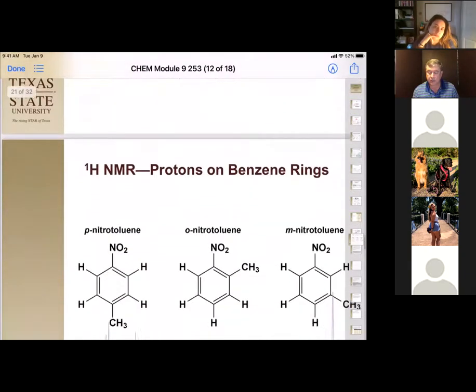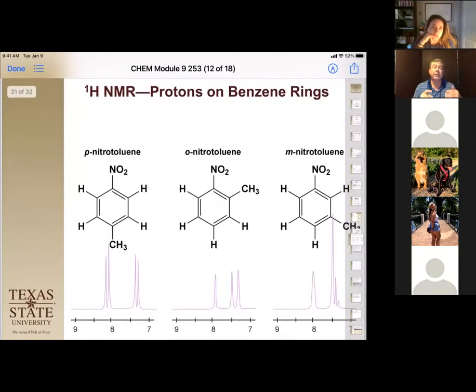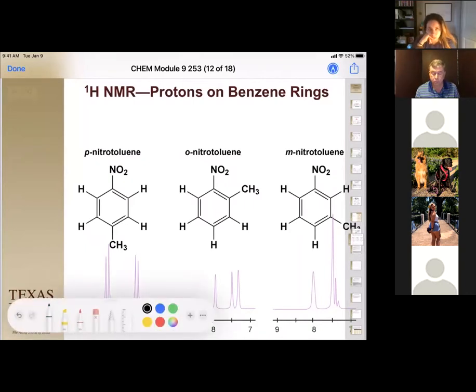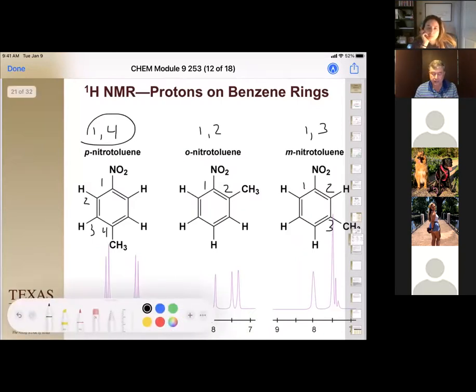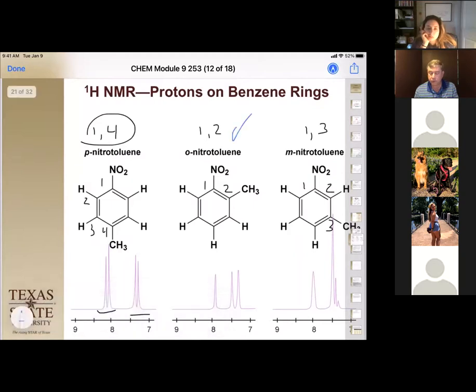Okay, so that was the classical pattern for substitution in the 1,4 positions. I'll relabel this here: 1, 2, 3, 4. This is 1, 2, and this is 1, 2, 3. So this is the 1,4 isomer, this is the 1,2 isomer, and this is the 1,3 isomer. In the 1,4 isomer, we get this doublet of doublets. But let's look at this 1,2 here.